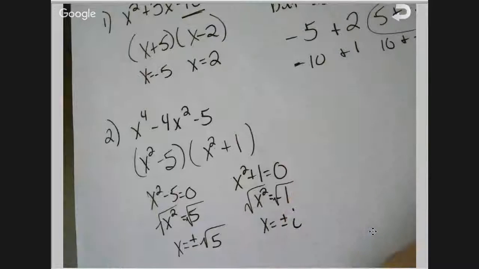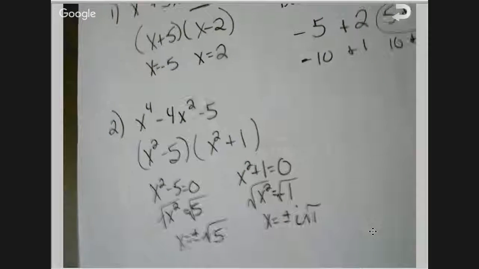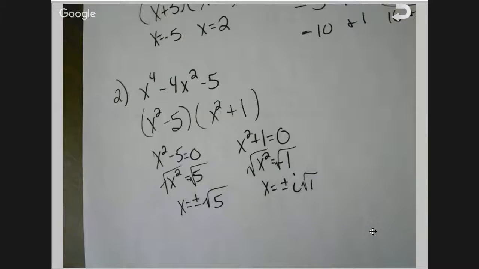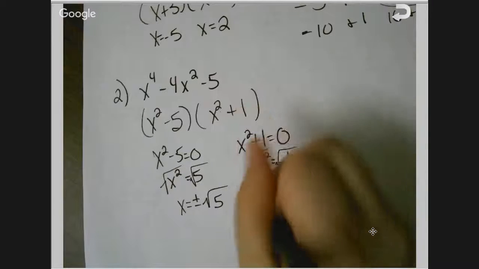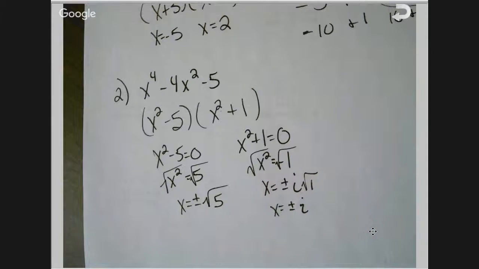What's the square root of just 1? Yeah, it's just 1, right? 1 times 1 is 1. So it's just x equals plus or minus i. i, by definition, is the square root of -1. So any questions?